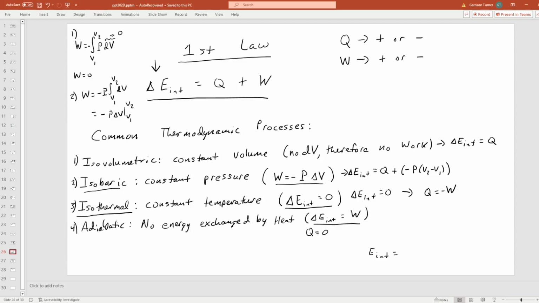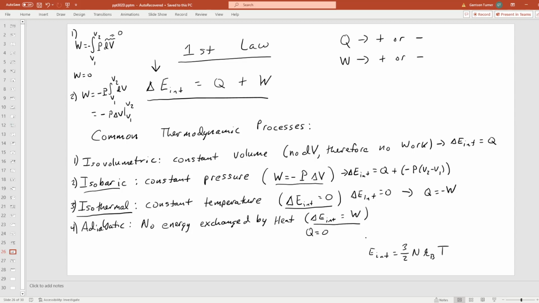So remember, E int is 3 halves NKBT. Okay. And so if there's no change in temperature, right?